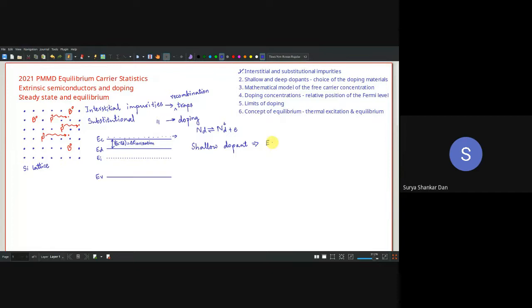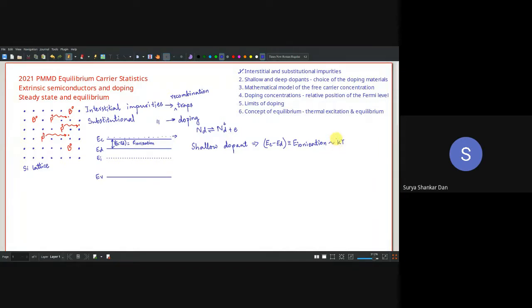Let me write it mathematically, it will be easier to understand. EC minus ED, this distance, this difference in energy, is equivalent to the ionization energy. This ionization energy should be in the order of kT.